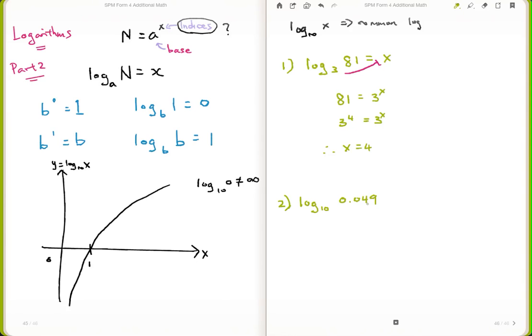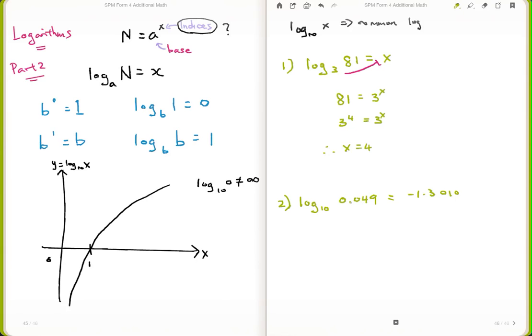You should be able to practice as time goes. You need to find the value here. If you have a table, you take log base 10 of 0.049 and you should get the answer. Or you put it in a scientific calculator. The answer is supposed to be negative 1.3010.